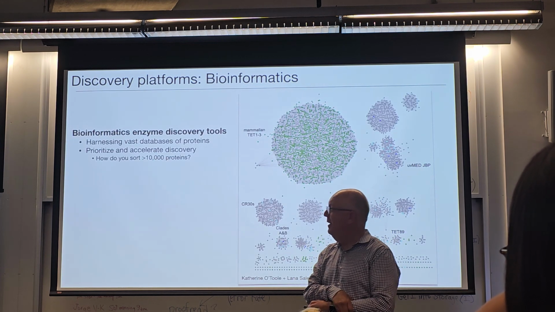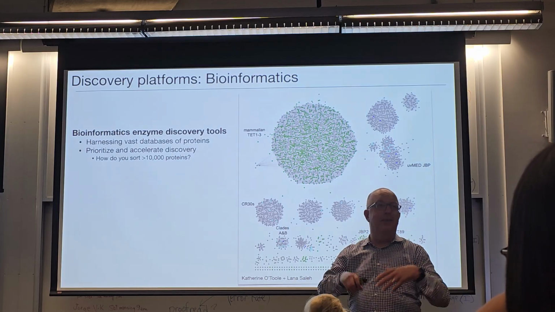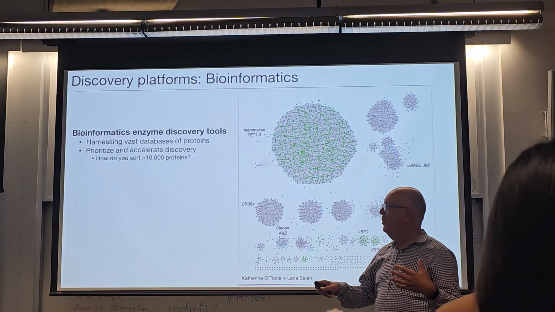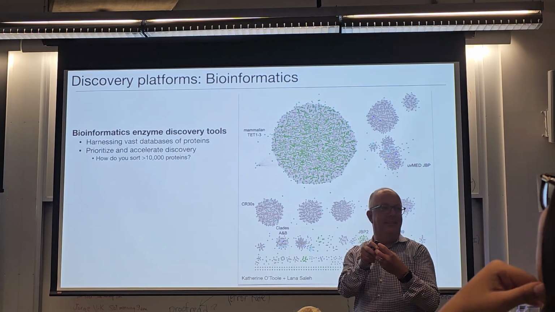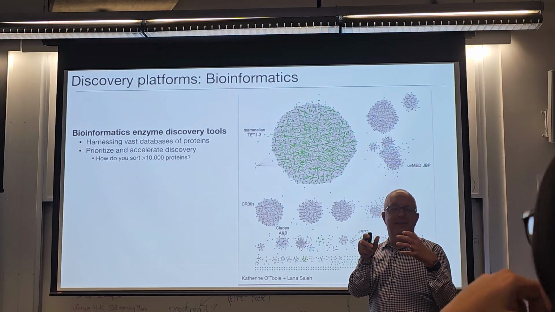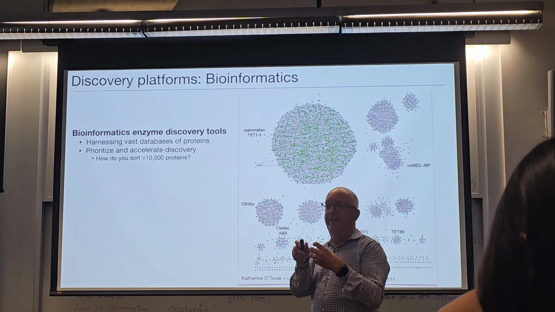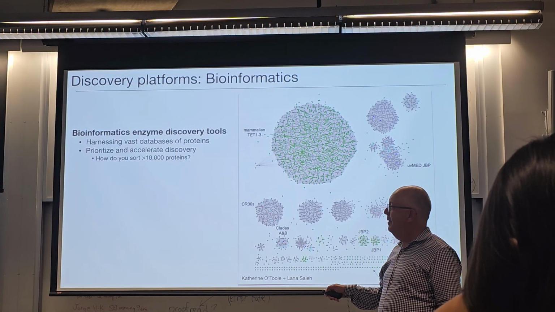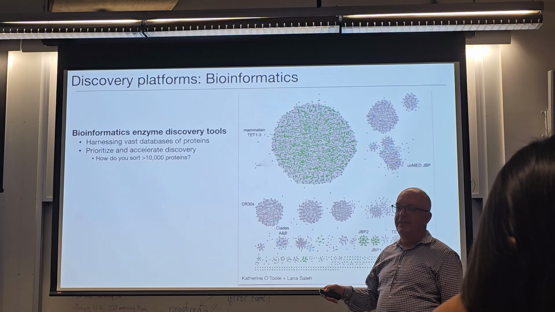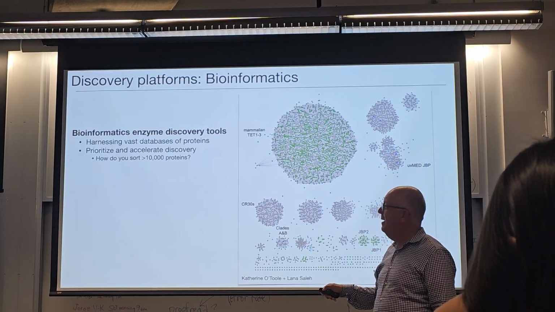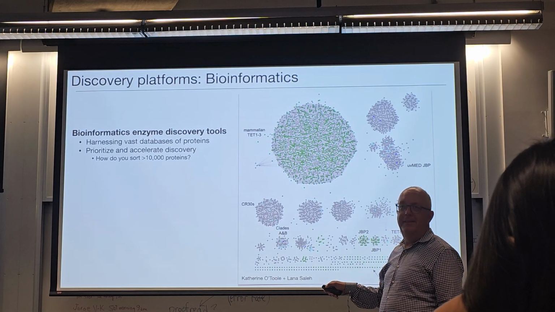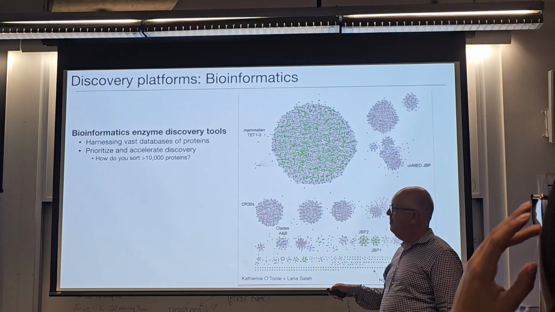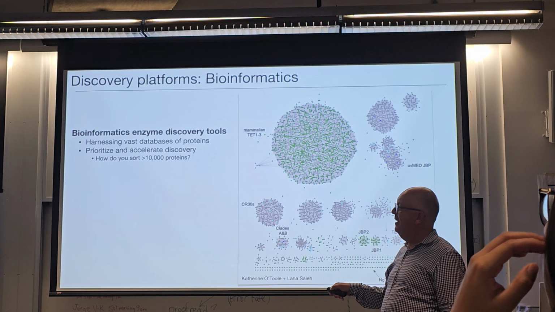A good example here is trying to look into those databases and create tools to cluster together sequences of DNA that look similar and different. This is an example of an enzyme called TET, which is an epigenetics enzyme. Each one of these dots is a different protein sequence.